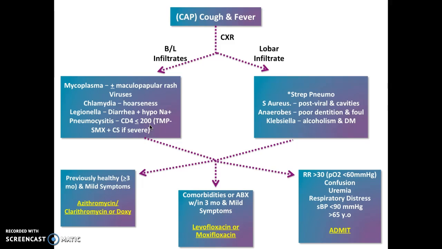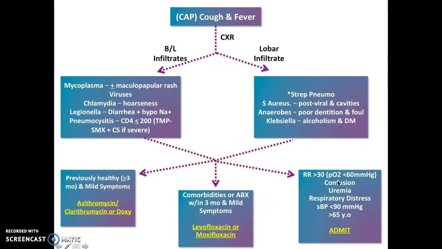to admit a patient. So if a patient comes to you, they have this productive cough, fever, maybe some dyspnea, the things you want to look for are the CURB. Just an independent variable first off is respiration rate over 30, or if you're getting their gases, a PO2 under 60.